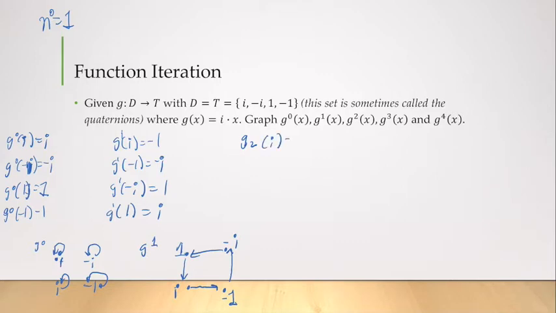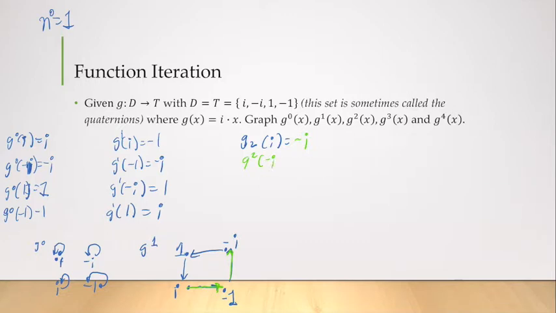So let's start by looking at g^2 of i. If I look at my graph down here, I have that i originally maps to negative 1, but I'm applying this function once more, so then I have i goes to negative i.